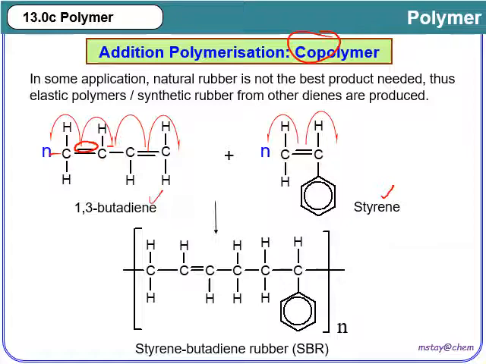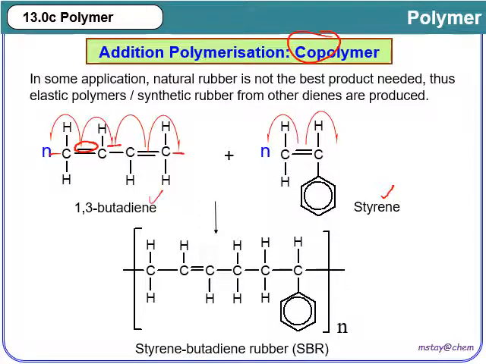Then this happens again, one double bond breaks down, so here we have one electron. Both electrons combine to share the electron, so it will form a single bond. So the double bond breaks down and becomes a single bond over here, which is ready to connect with another repeating unit.